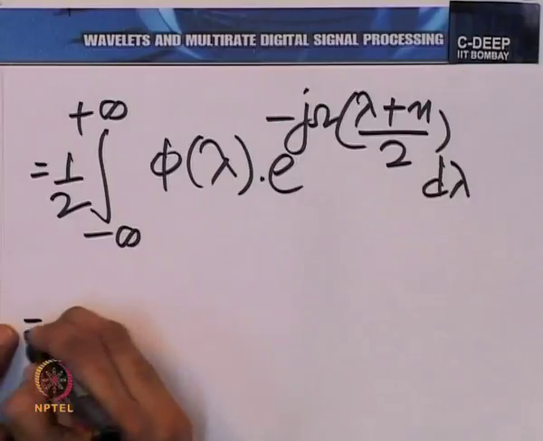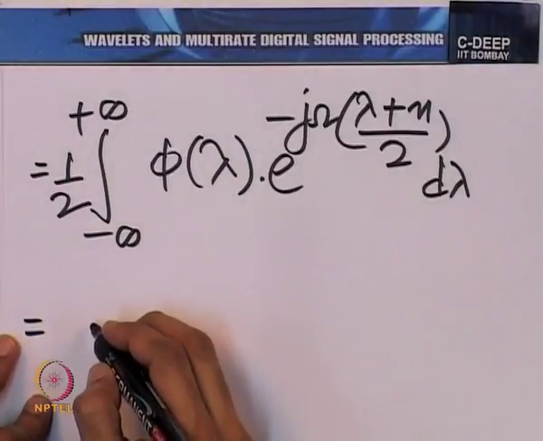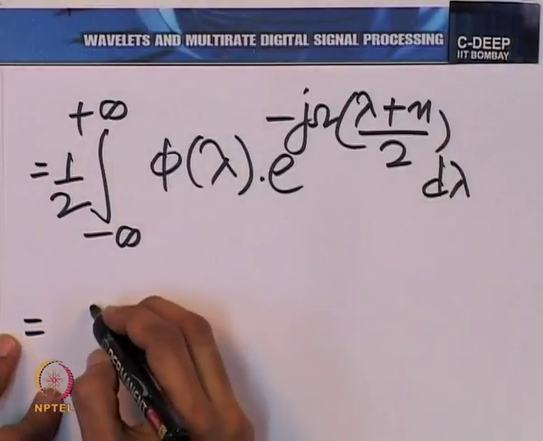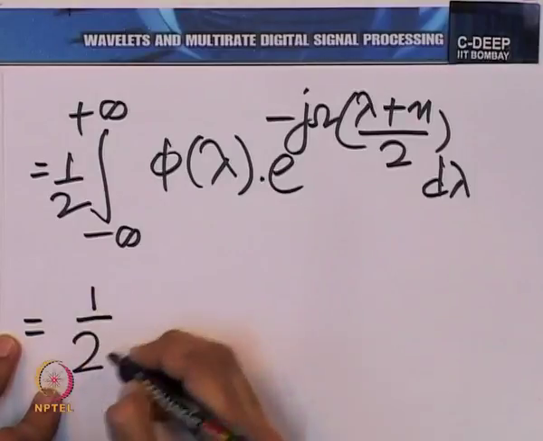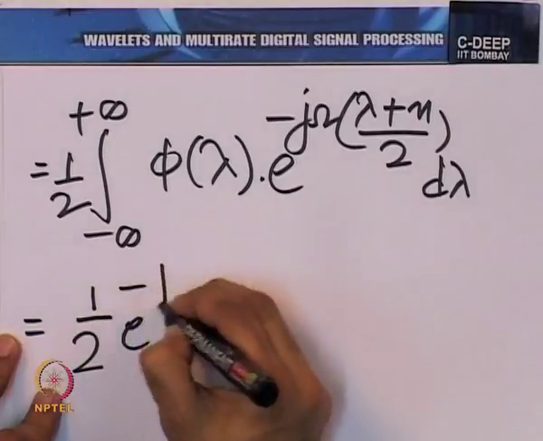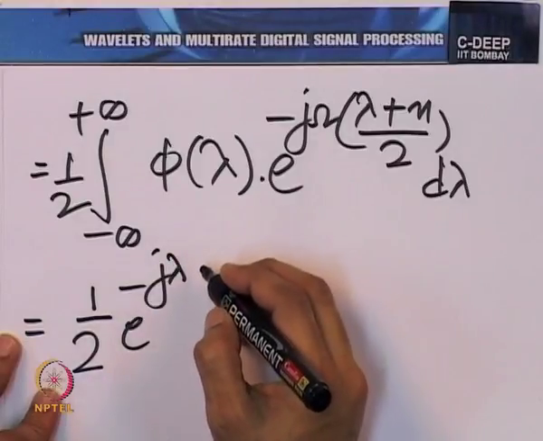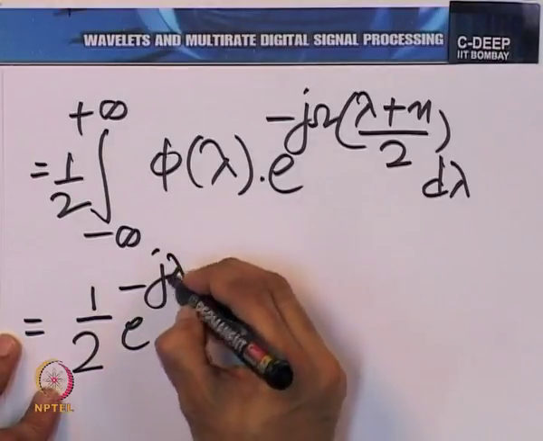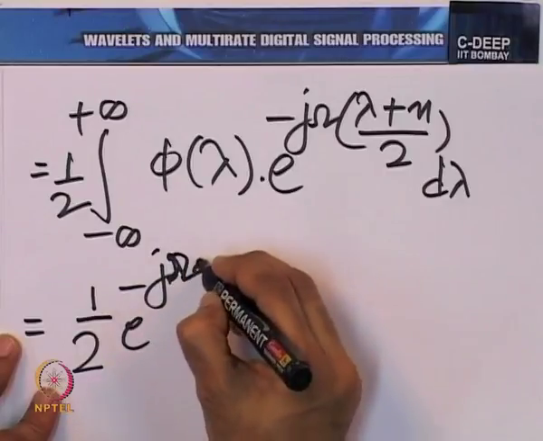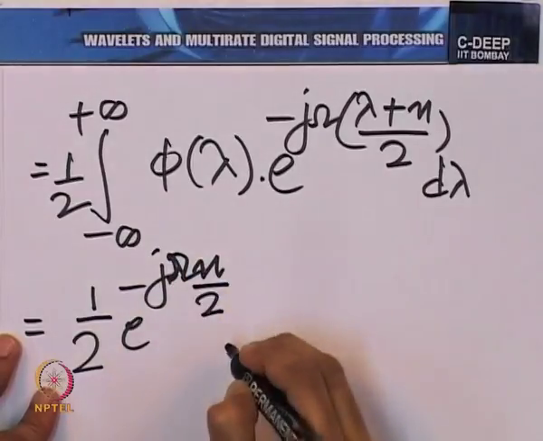And we can do a little more work on this. So, we keep the terms dependent on lambda inside, and we have j capital omega n by 2 emerging outside.